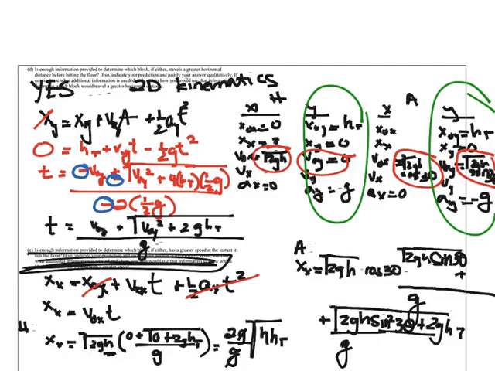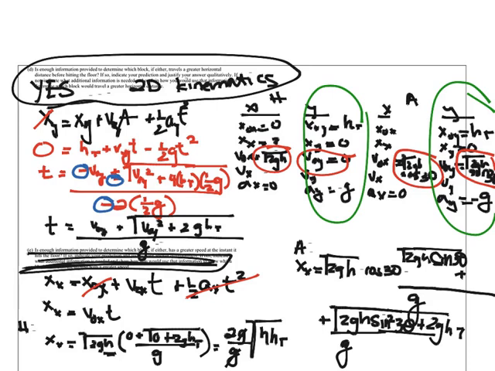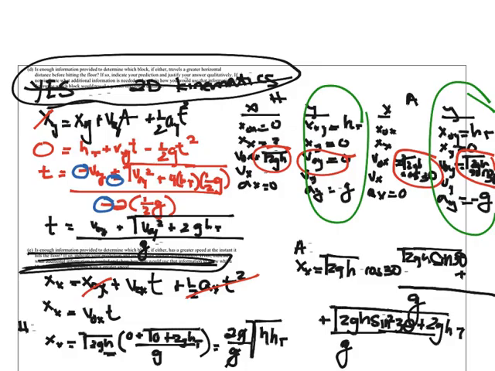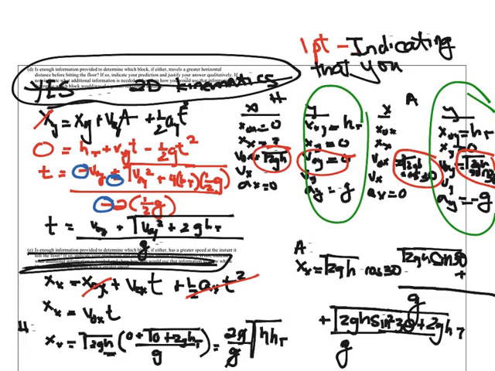For part D, originally we said yes, you can do it with 2D kinematics, but as we showed later on, it actually depends on the size. So you get 1 point for that answer. You get 1 point for indicating that you needed to solve for time.